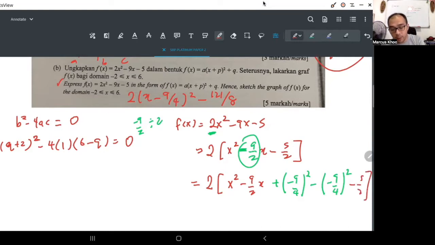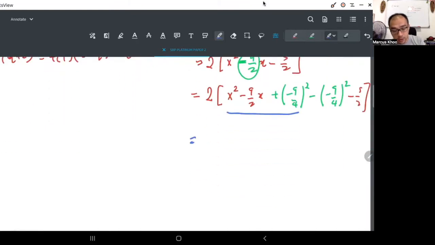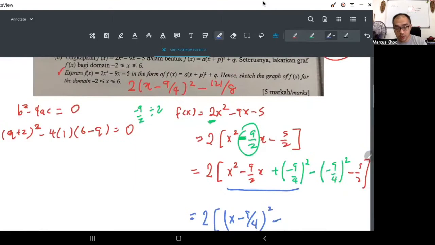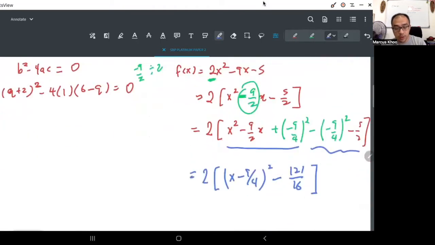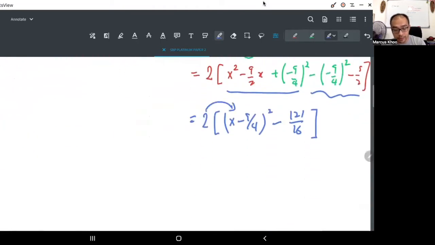Then what will happen is these two will sandwich. Okay, so we will get 2x minus 9 over 4 the whole thing squared minus, okay, then what you will do is you will get 121 over 16. Okay, this whole thing will give you 121 over 16. Okay, so I'm not going to waste time there. What you need to do after that is you need to multiply the whole thing in.